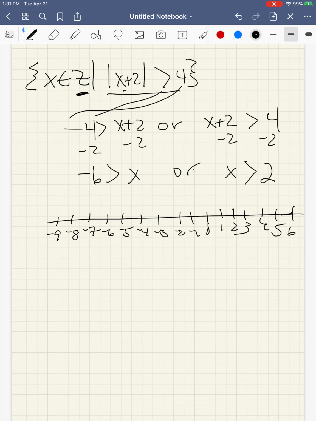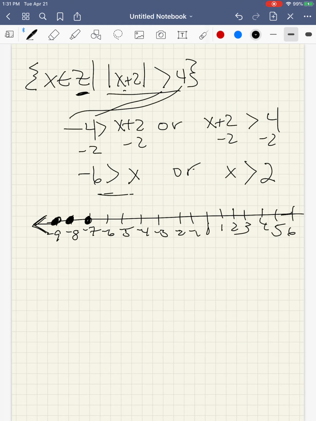So do I put a dot on -6 and 2? No, I don't put a dot of any kind. I don't have open dots with integers, so I skip here to the next number less than -6, which would be -7. And then the numbers that are going to be less than that will be to the left. And how many dots do I need to put on this graph to indicate a pattern? 3, that's right. So now I can draw the arrow.